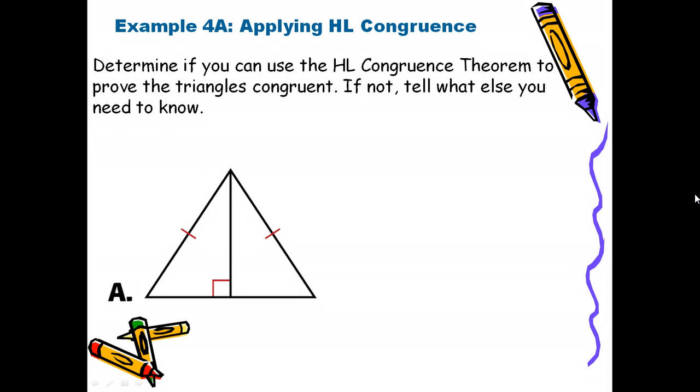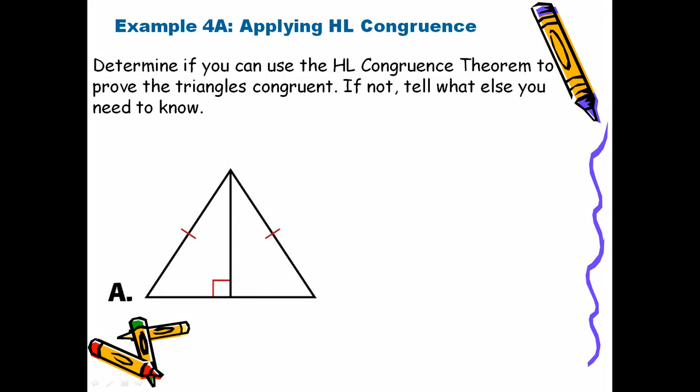So, let's look at our triangle. We know that the hypotenuses of these two triangles are congruent. We know that they are both right triangles because these are supplementary angles, and one is 90, so the other is 90. And we can also say that this leg in the center that the two triangles share is congruent to itself by the reflexive property.